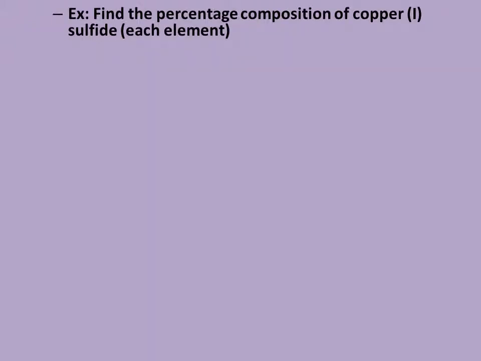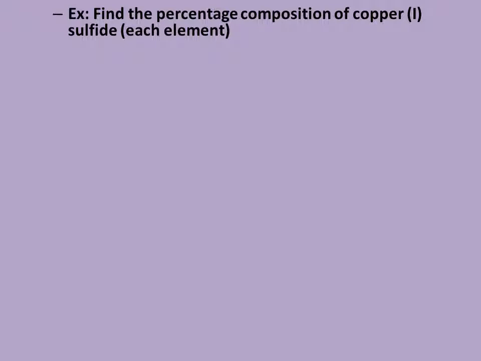So here's your first and only example. Find the percent composition of copper 1 sulfide. So you're going to want each element of copper 1 sulfide, their mass percent. First we have to know the formula of copper 1 sulfide.